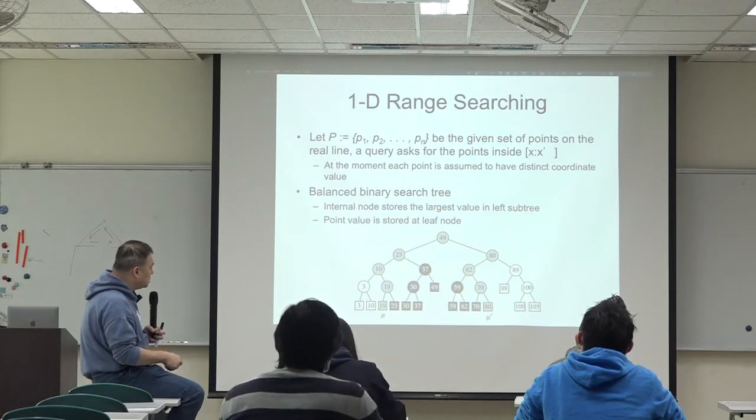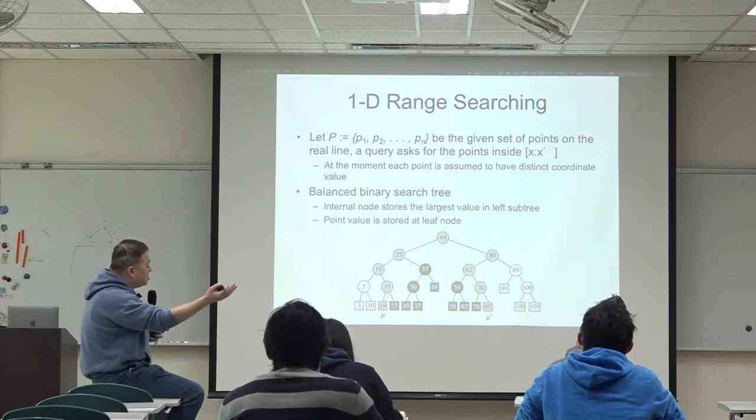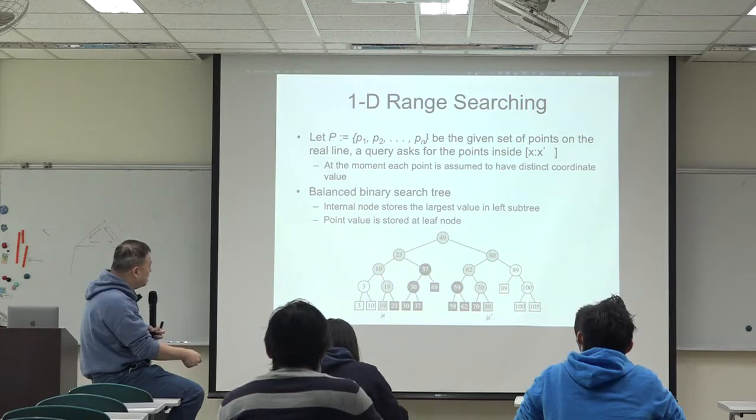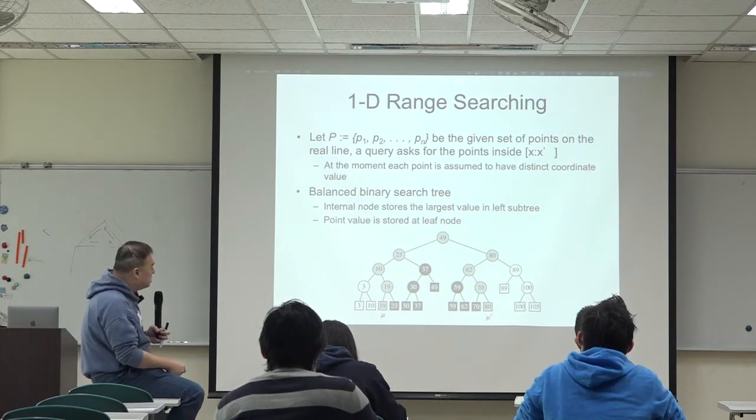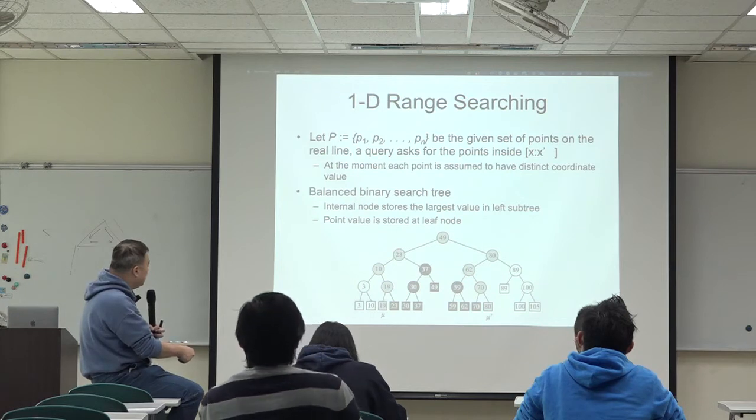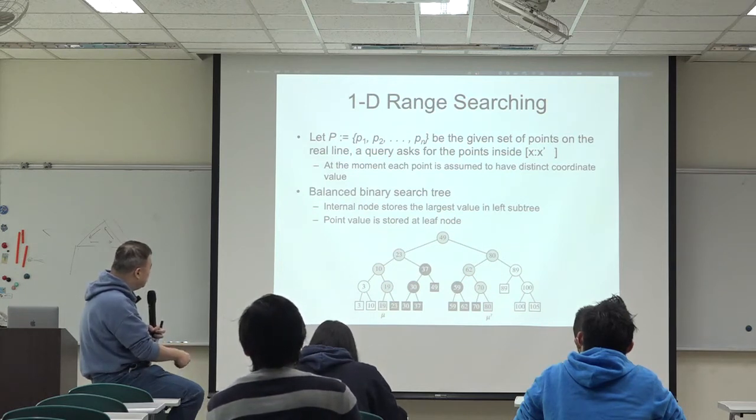The leaf nodes do not have to be at the same level. For example, you can see 49 and 89 are at different levels. Each internal node represents the largest value in the left subtree. For example, for this node the largest value in the left subtree is 10, so we put 10 here.